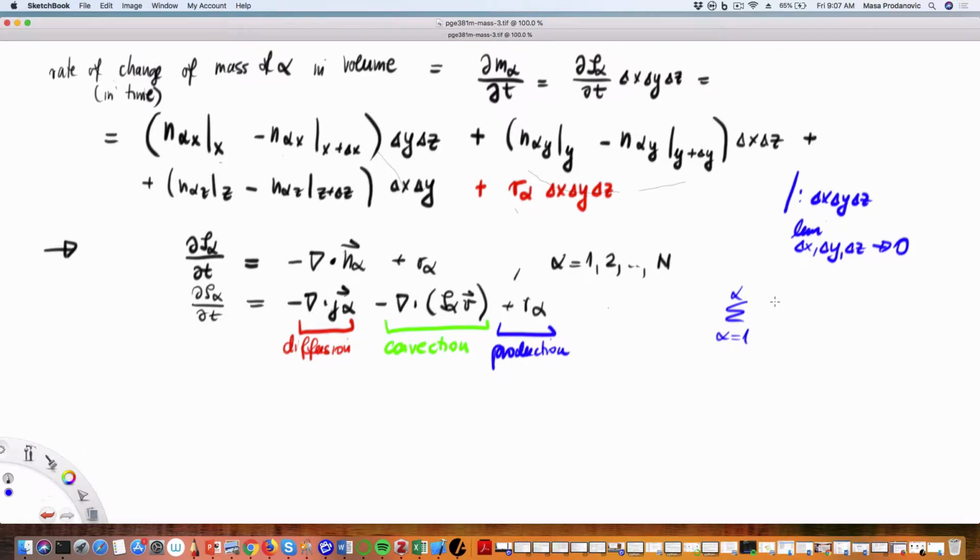I take a sum of all of these. Then this will become the sum of d rho alpha dt, which is the same as d dt of the sum, right?